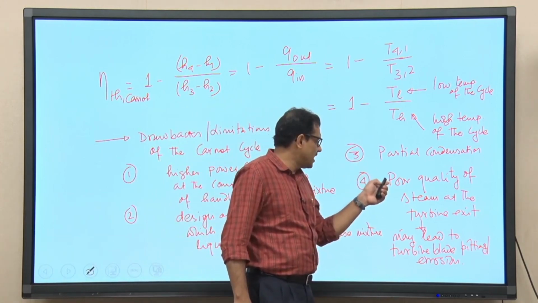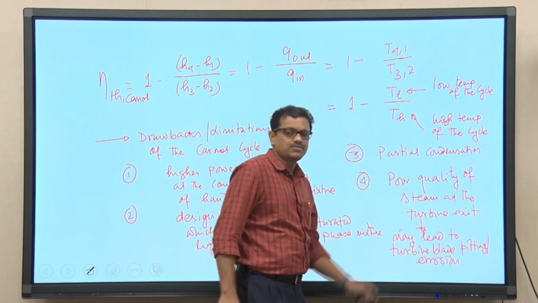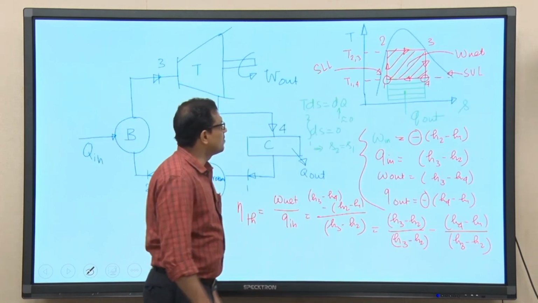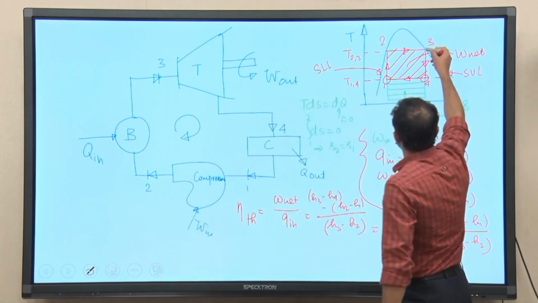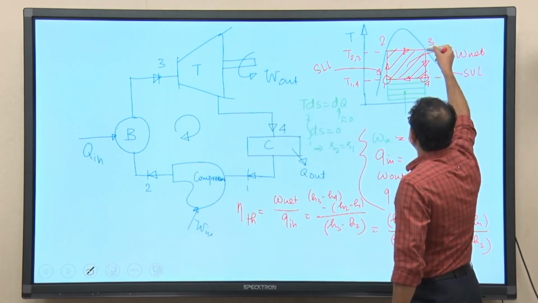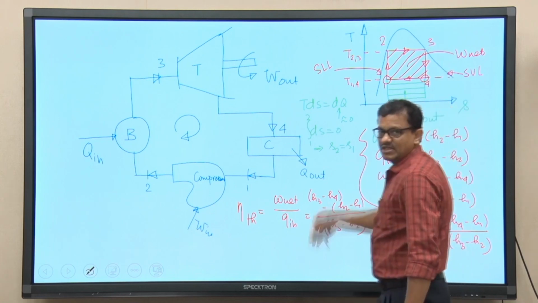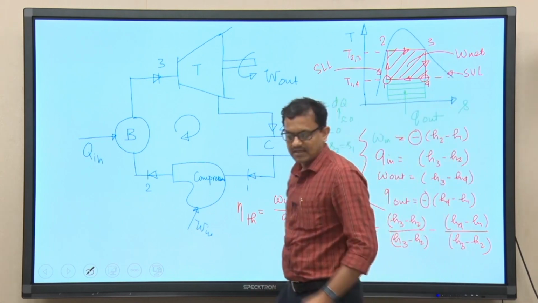For the problem we have written over here, that is the poor quality of steam, if we go back, can we allow the boiling process to be further extended beyond the saturated vapor line?